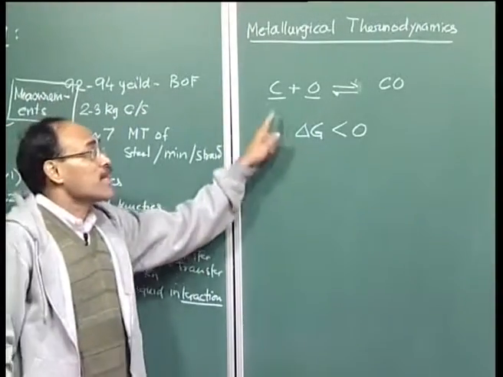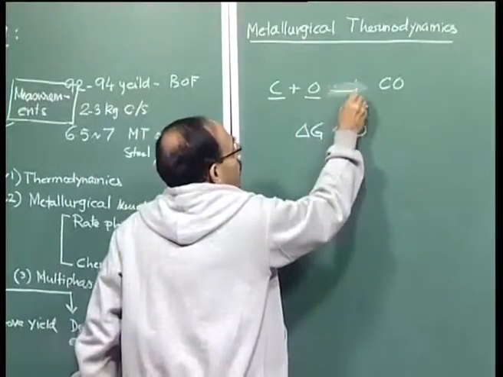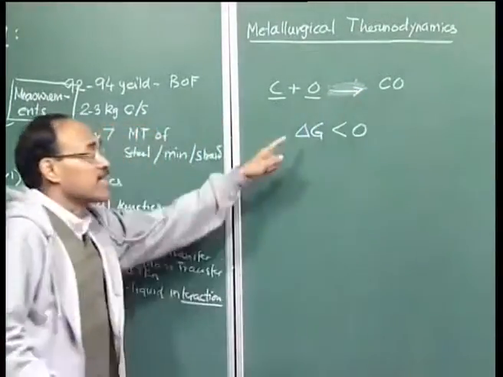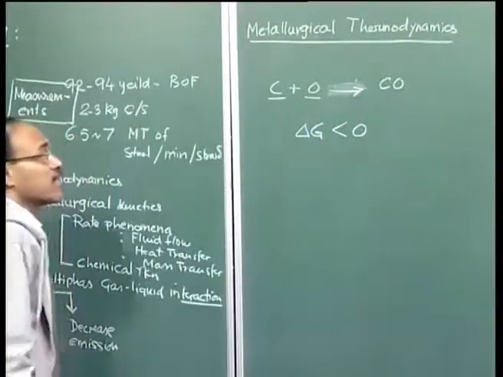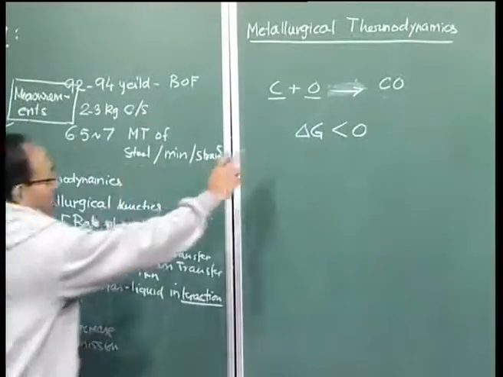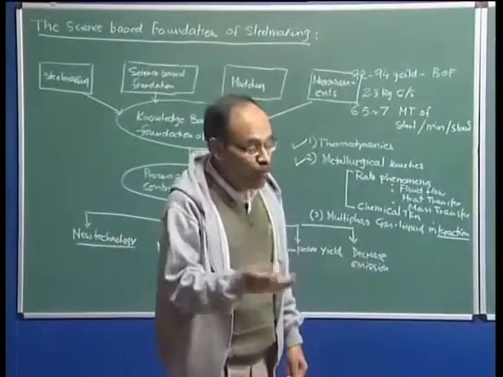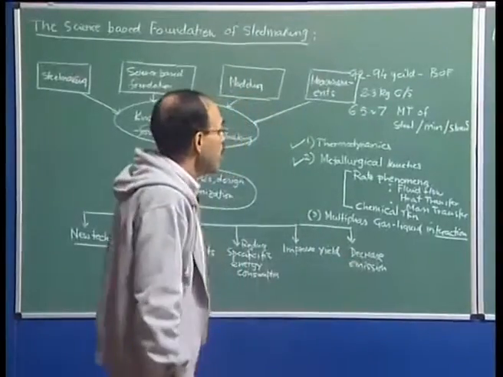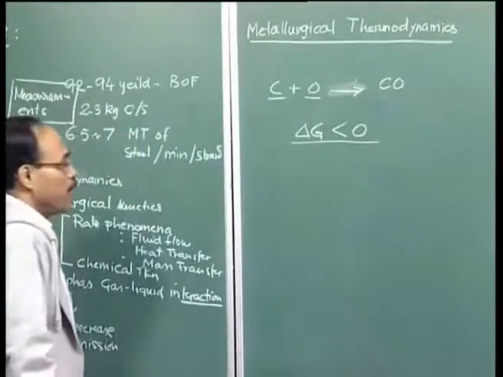In that case, we can say this is going to go spontaneously from left to right. So, delta G essentially means that the product has a lesser free energy than the reactant, and therefore this is a negative quantity, and the free energy becoming negative gives an essential condition for spontaneity of a process. This criterion we have applied in many cases.